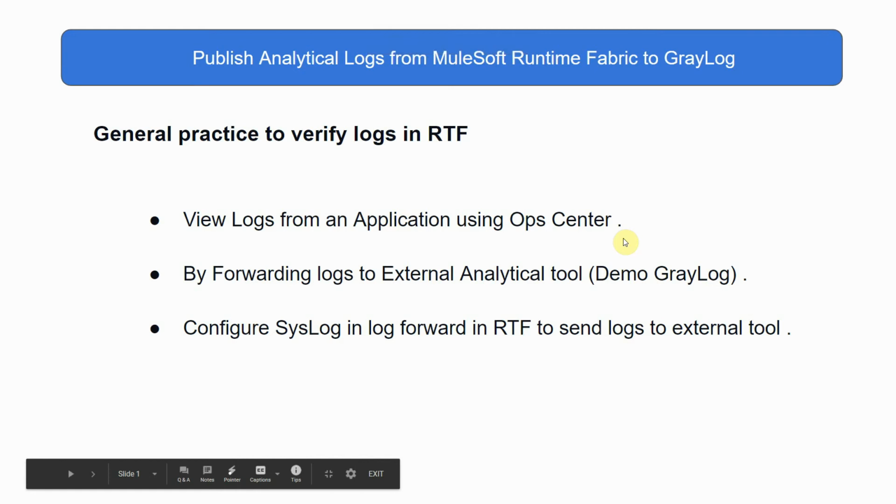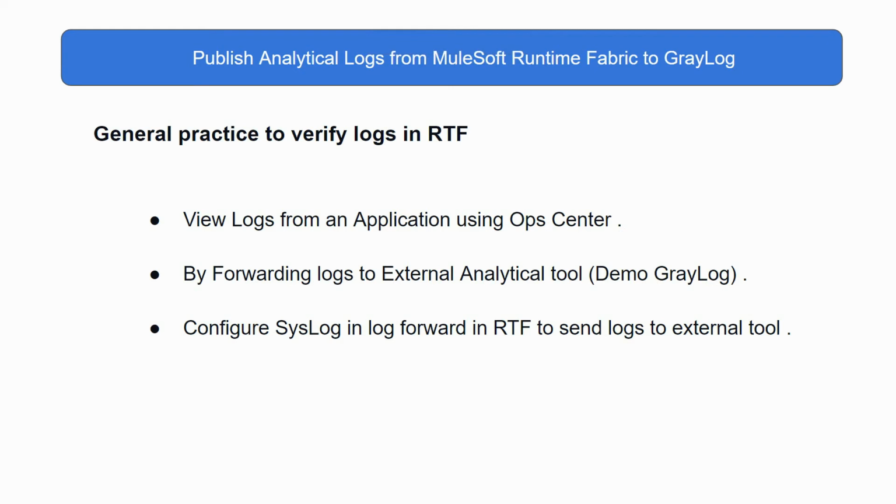In this demo, I am going to explain log forwarding in RTF, the use of RTF, and how to monitor the logs from the application in the RTF configuration, and the log forwarding capability in RTF. Most of the points in the list are about how we can monitor logs in RTF with the help of the Ops Center or log forwarding.